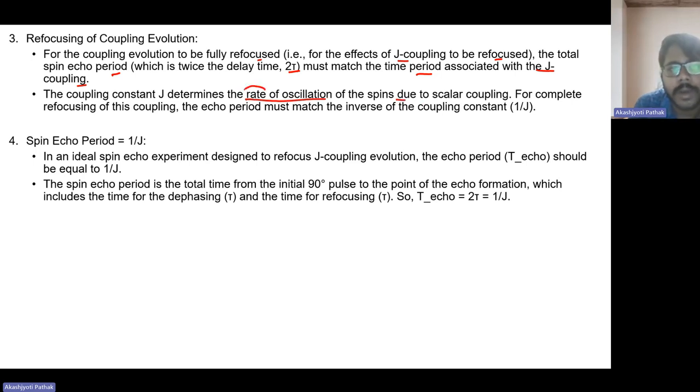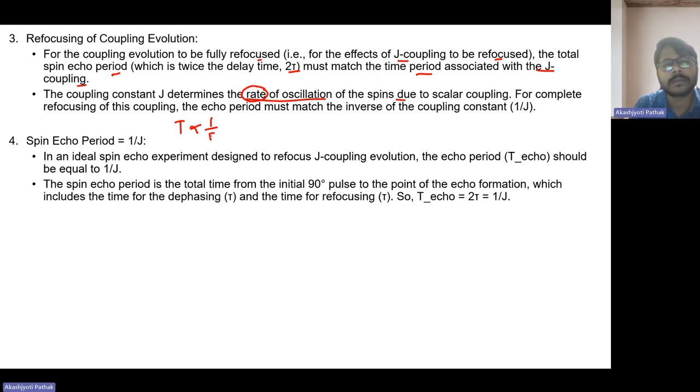For complete refocusing of this coupling, the echo period must match the inverse of the coupling constant, because this is the time period and J is in hertz, it is the rate. So it will be the inverse of the coupling constant J, so it is 1 by J.